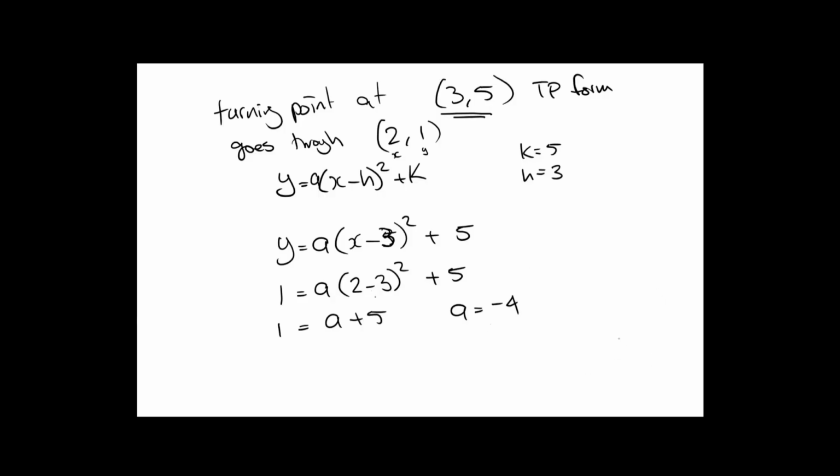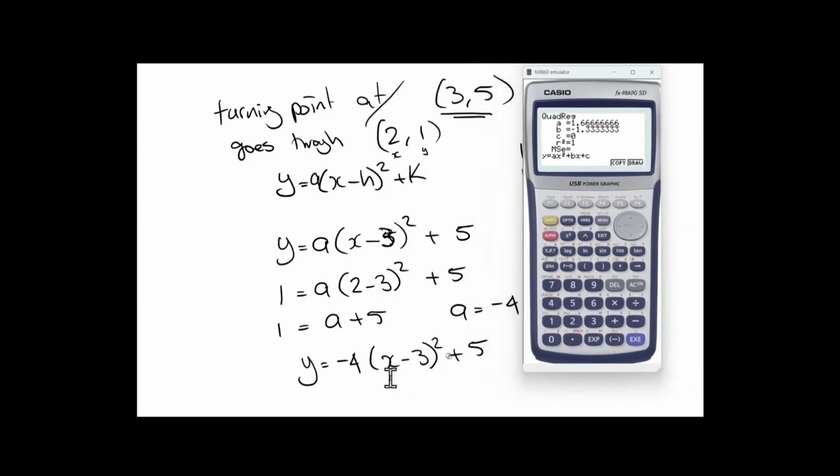So our graph that meets this set of requirements is going to have the formula -4 (x minus 3) squared plus 5. Let's put it in a calculator and see that it actually does go through this point here.